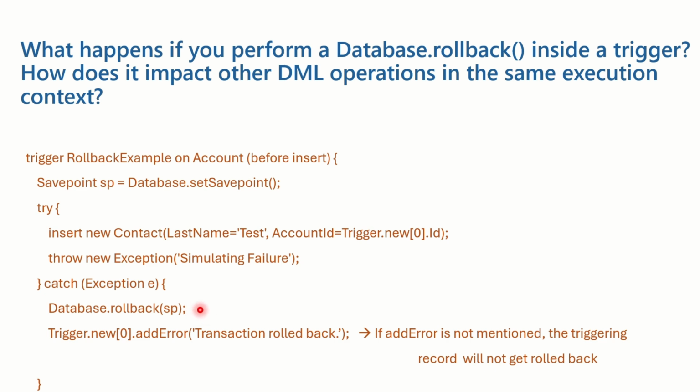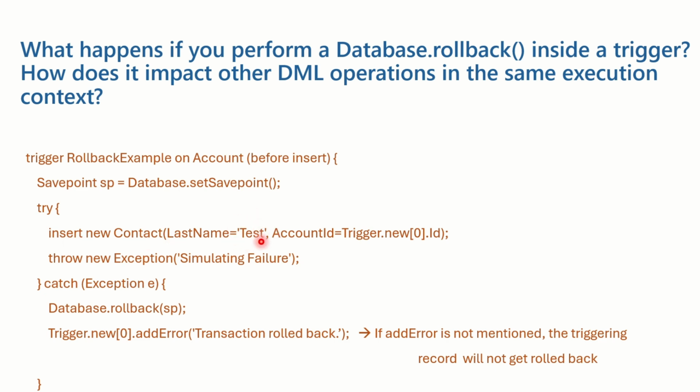Now suppose you don't have this addError statement. Till this point, if you write Database.rollback, then the transaction will get reverted to the savepoint. The new contact will not get inserted. So whatever you mention inside this will get reverted.